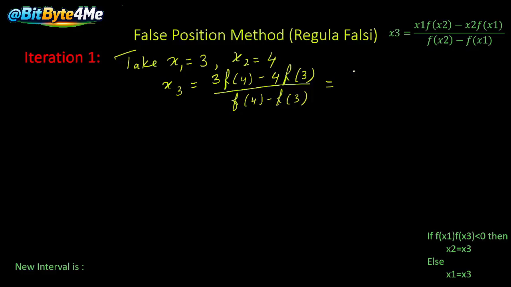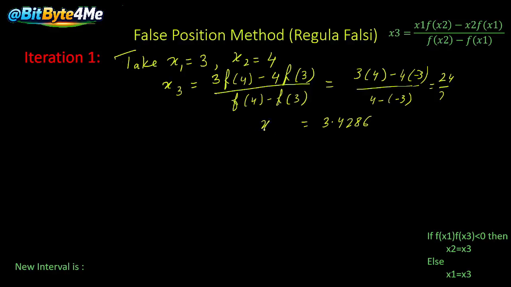If you calculate it, it will be 3 times 4 minus 4 times minus 3, over 4 minus 3, which will be equal to 24 over 7, and which comes out to be 3.4286.